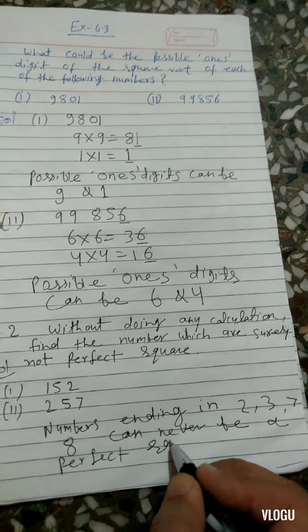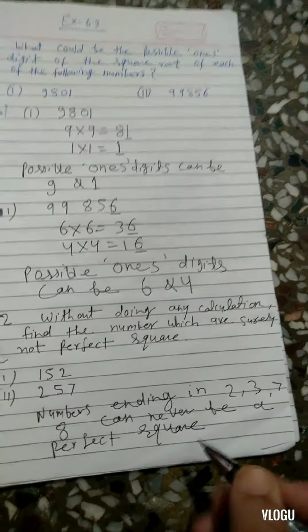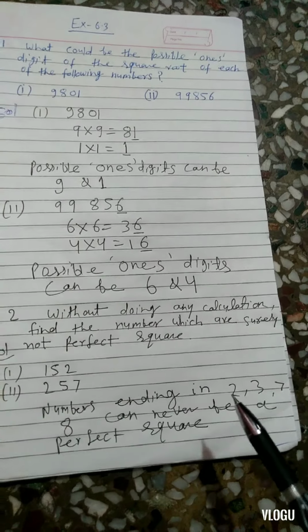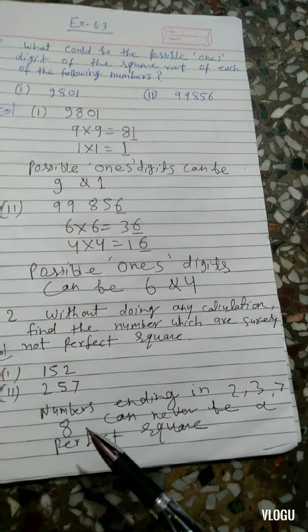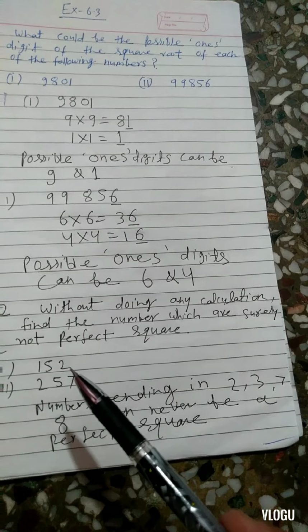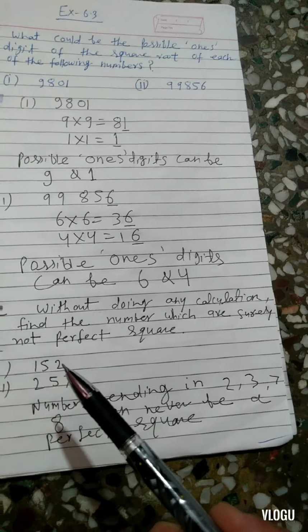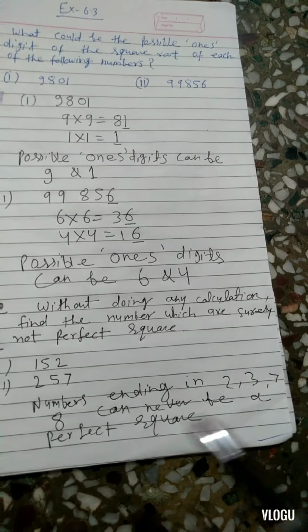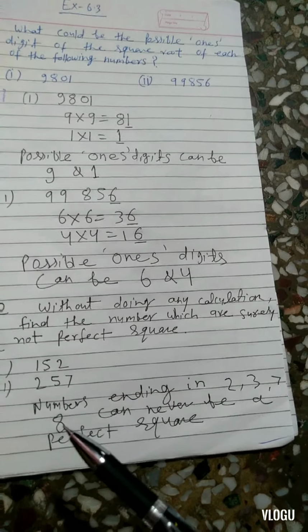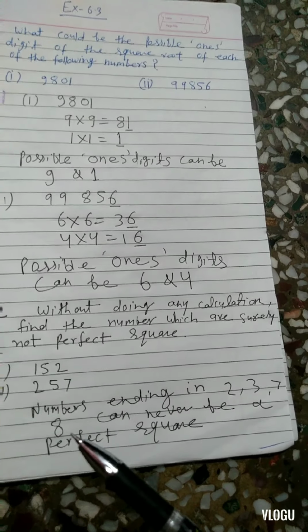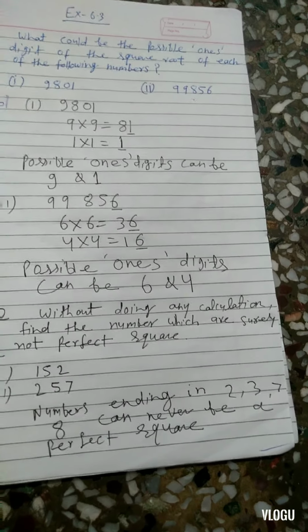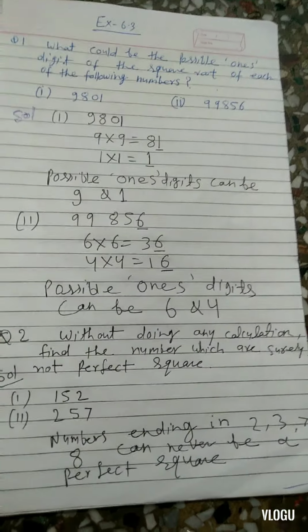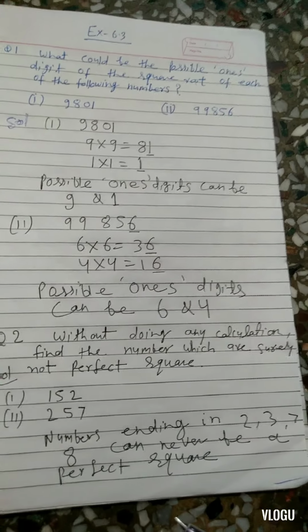Here students, a number whose ones digit is either 2, 3, 7, 8, or an odd number of 0s, as I explained to you in exercise 6.1.